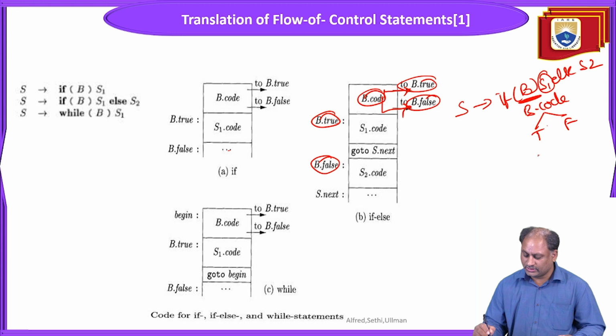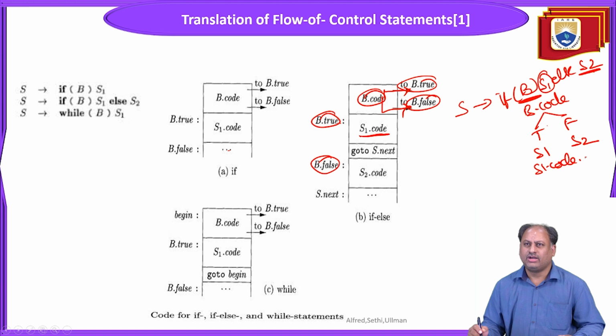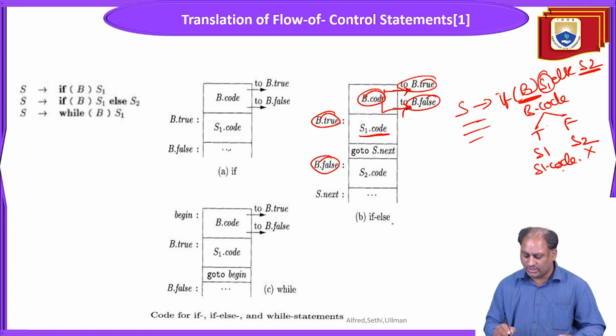Here the true label is S1, the false label is S2. So S1 dot code has to be executed, and after that it won't go to S2. It will go to the remaining statements, the continuation of the remainder. So after S1 dot code, it goes to S dot next. So S dot next means what is the next?